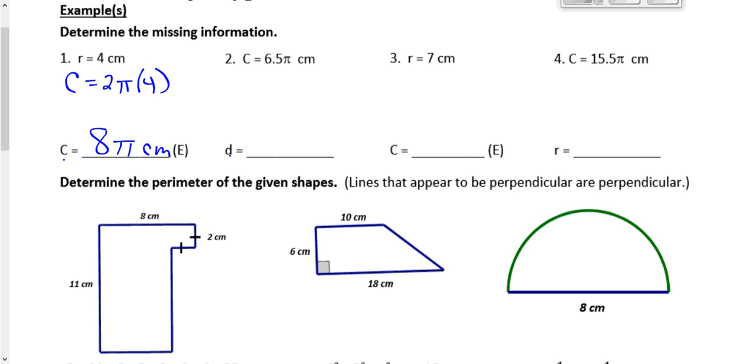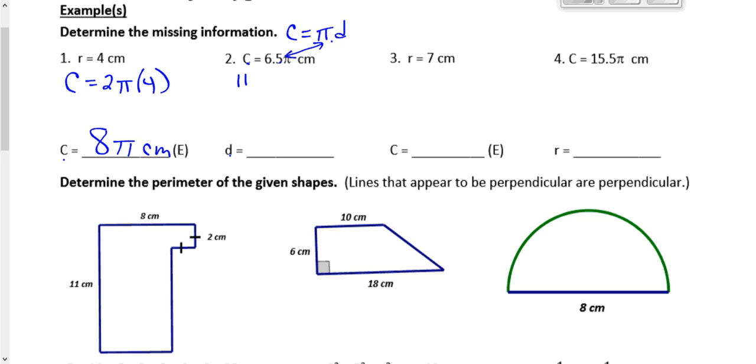Did we get number 2 yet? 6.5, right? So C equals 6.5 pi. They want diameter. So we use the fact that C equals also pi d, and do what? If that equals C and that equals C, what can you say about this and that? If they both equal C, they equal each other, right?